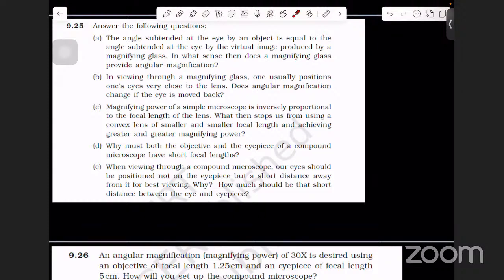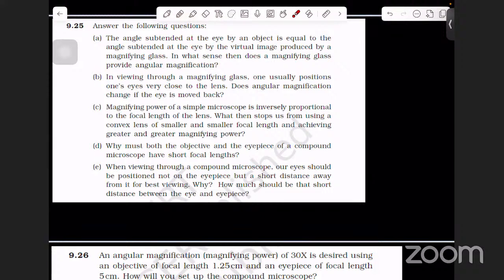The angle subtended at the eye by an object is equal to the angle subtended at the eye by the virtual image produced by a magnifying glass. In what sense, then, does a magnifying glass produce angular magnification?